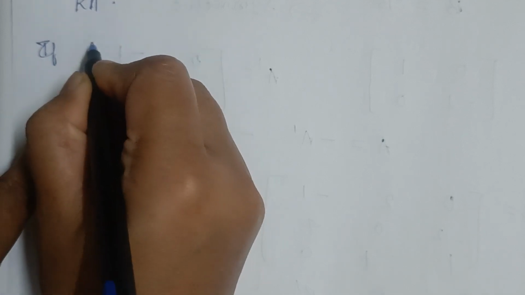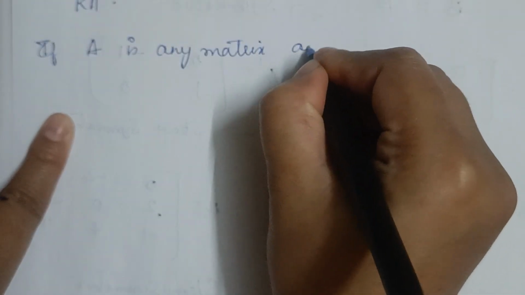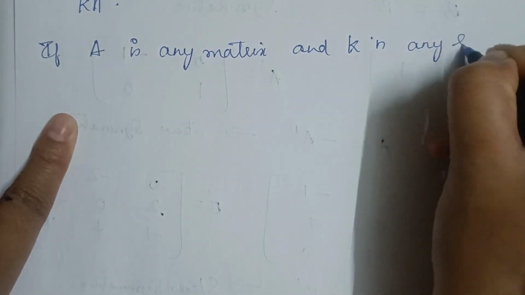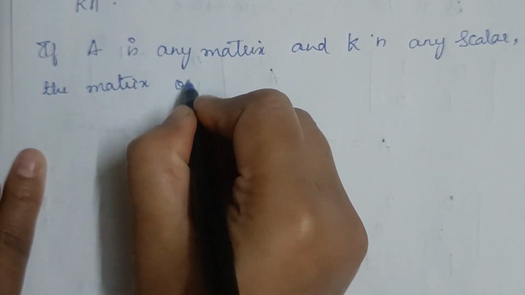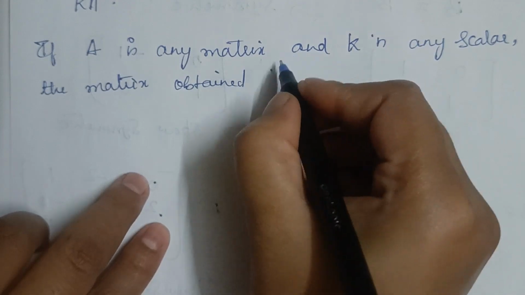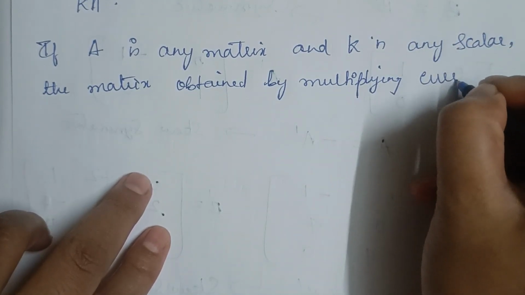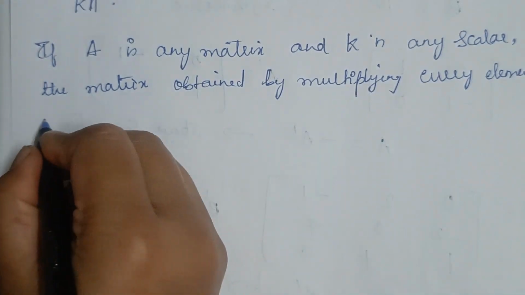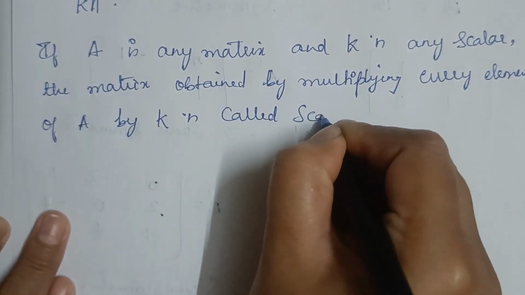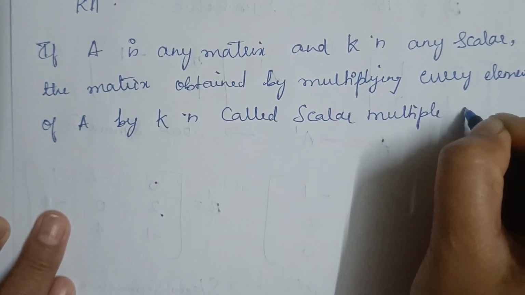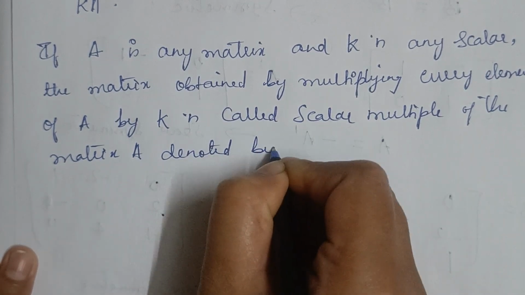So if A is any matrix and K is any scalar, the matrix obtained by multiplying every element of matrix A by the scalar K is called the scalar multiple of the matrix A, denoted by KA.